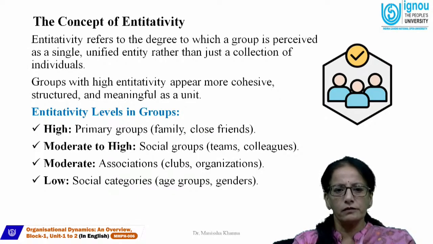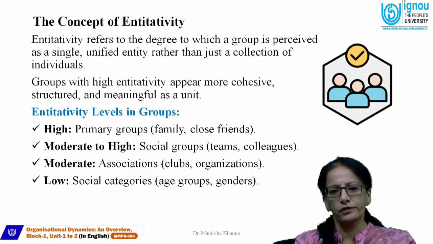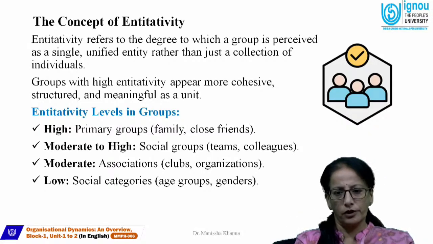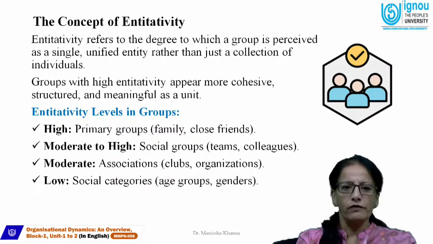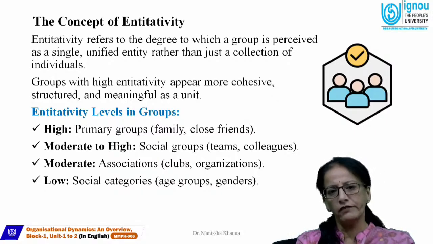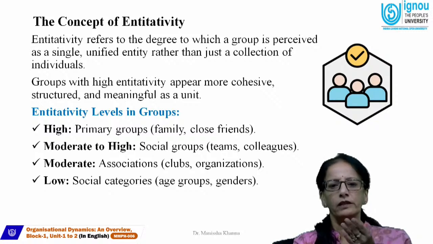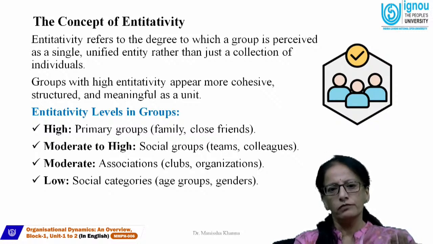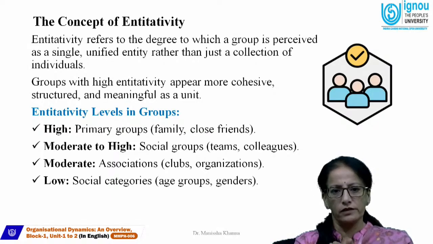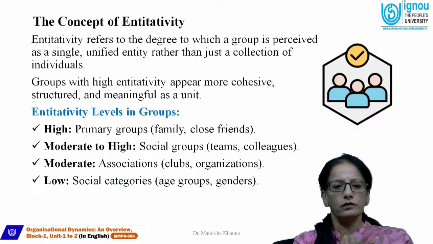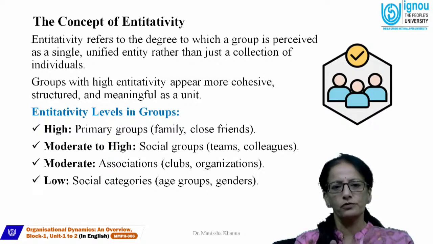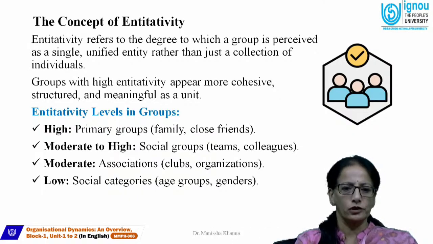Moderate is like, for example, in a club or in an organization, where they are associated for some particular project or particular goals, whereas the low activity level of groups is seen mainly in age groups and genders, which are characterized as social categories. So here the levels of group are the primary group, social group, association group, and social categories.